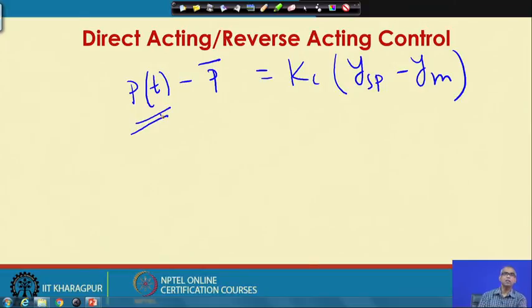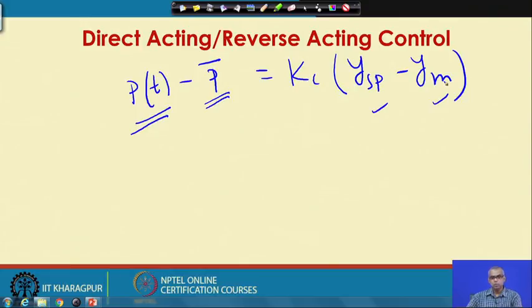This is a pneumatic signal output of, say, a proportional controller, and this is the nominal output which will always be there even if the set point and measured value are the same.